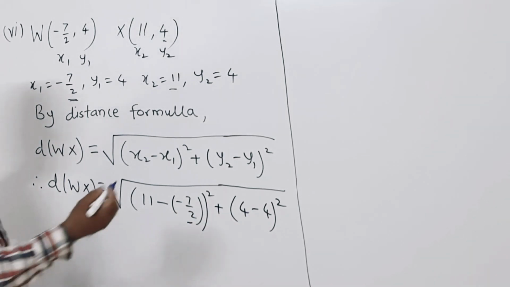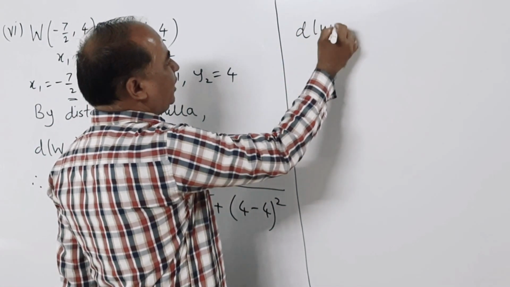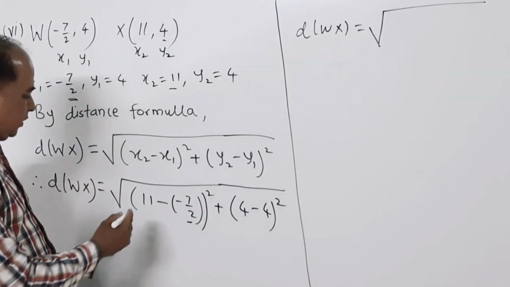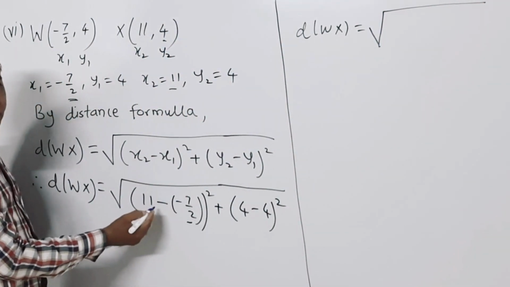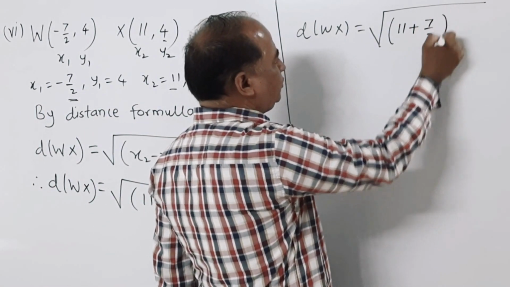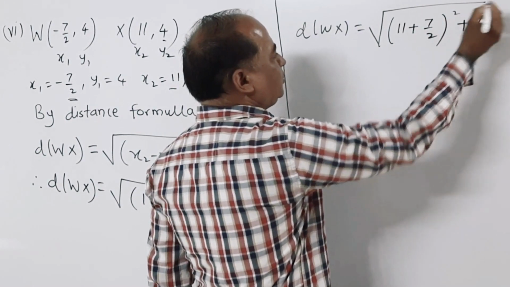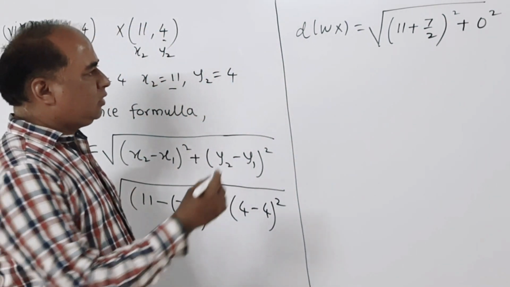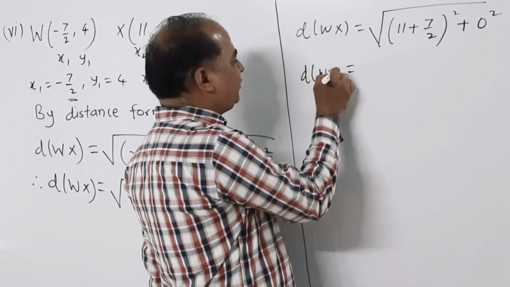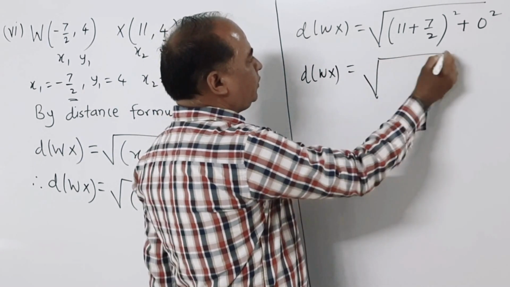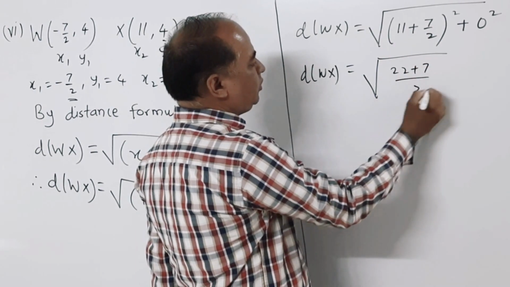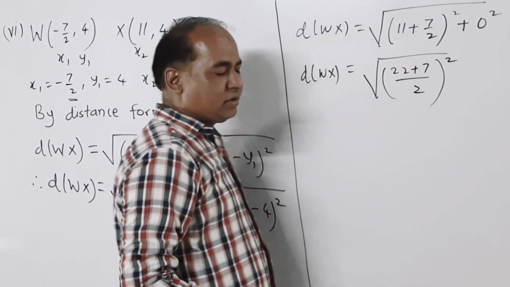So distance WX is equal to square root of (11 plus 7 upon 2) square plus 0 square. Now 0 square will be 0. Therefore, distance WX is equal to square root of, by cross multiplication, (22 plus 7 upon 2) square.